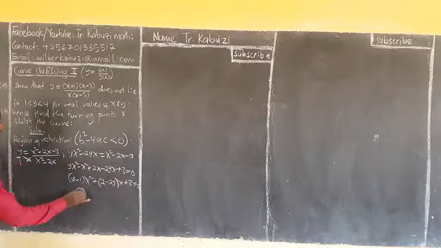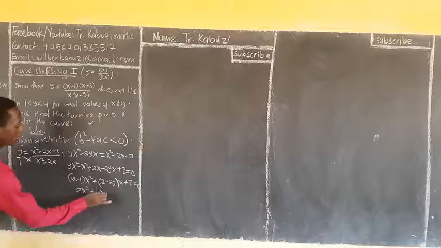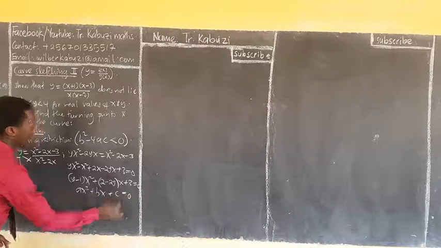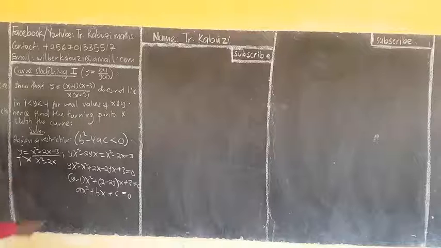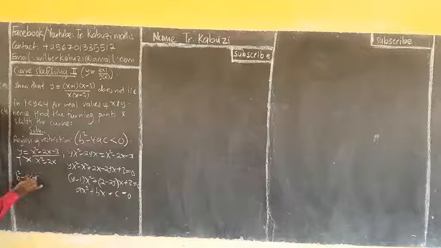From here, I compare with ax squared plus bx plus c equals 0, and I substitute my equation here.